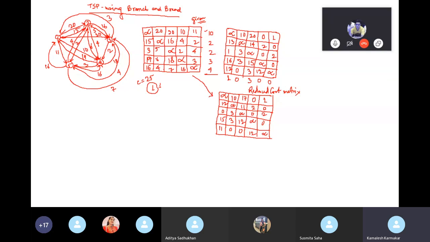This total reduction from the given matrix will be the cost of the root element. So what is the total reduction? According to this reduction, this value is 21. If we calculate the sum of the columns, then this value is 4. So we have reduced 21 from the rows and 4 from the columns. So the total reduction is 25.